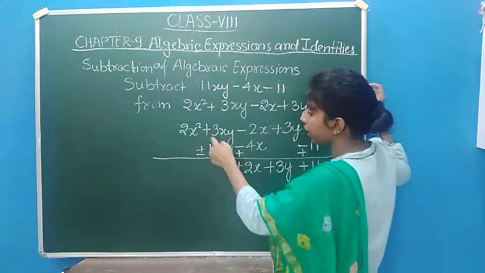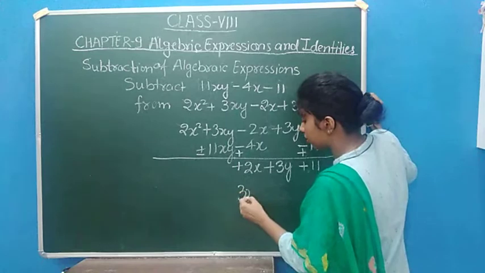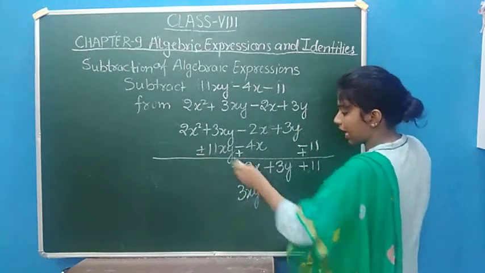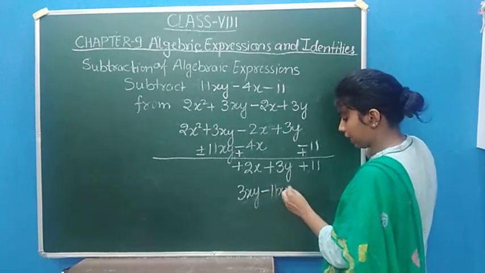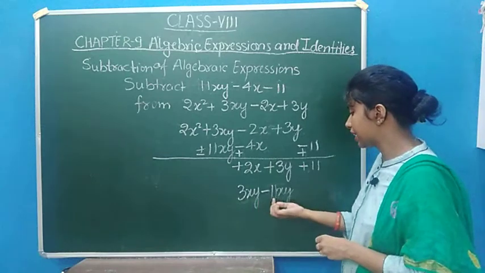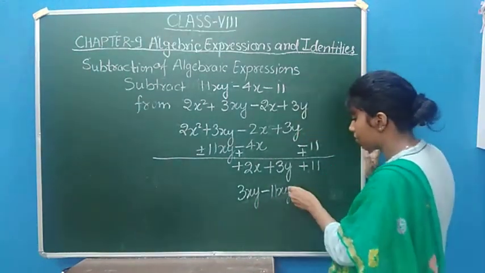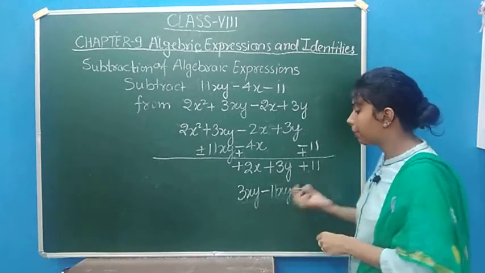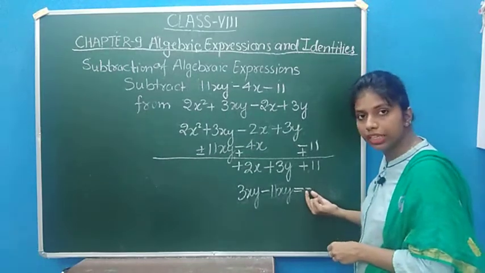After that, plus 3xy and minus 11xy. So plus 3xy minus 11xy, we get a minus sign here because we are subtracting a bigger number from the smaller number, so obviously the result will be negative.